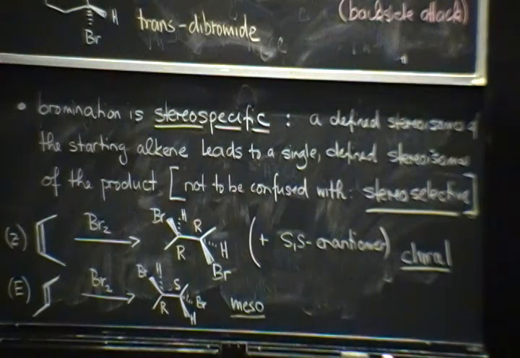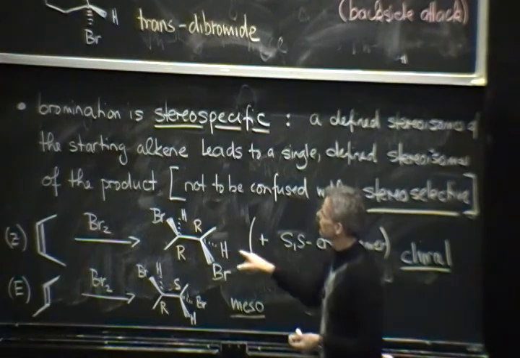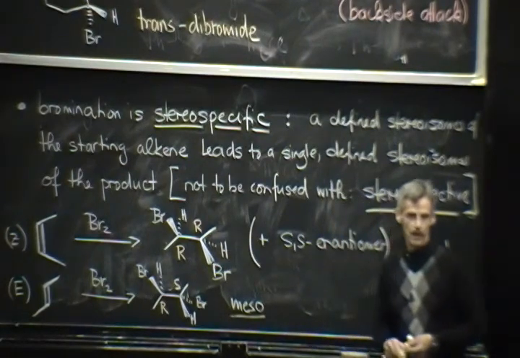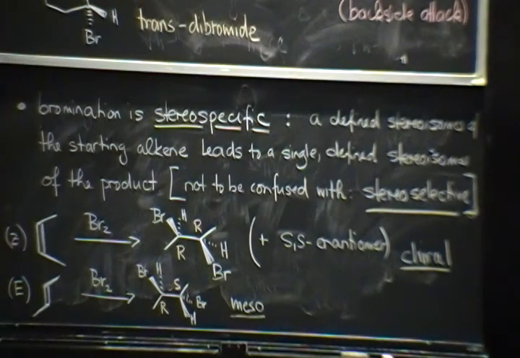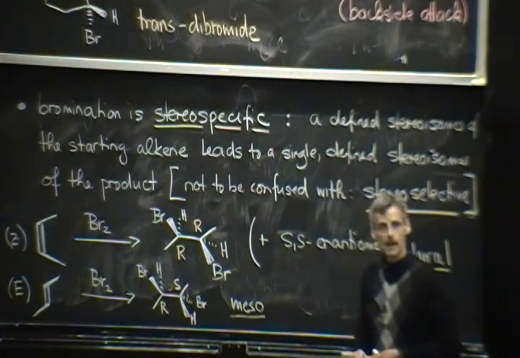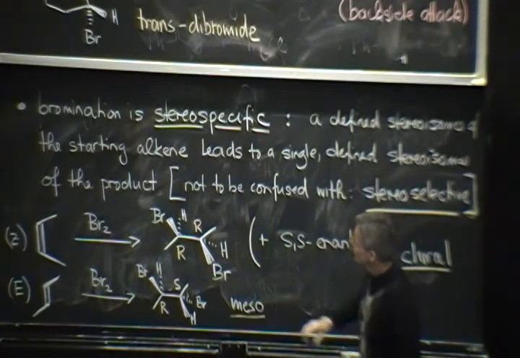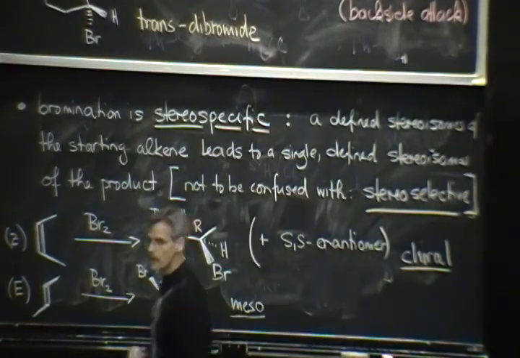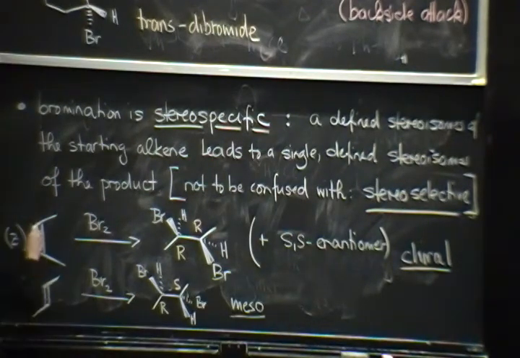And in the first case, with the Z-alkene, I get the racemic chiral dibromobutane product. So the selectivity, the criterion for stereospecificity, is fulfilled here. Bromination is stereospecific because I can do the test with two different isomers of the same starting material, 2-butene.